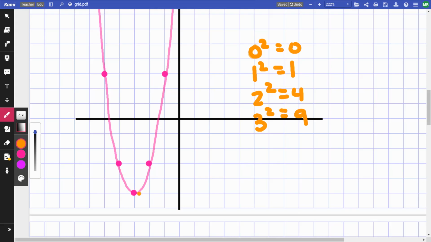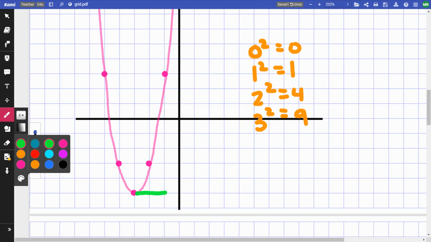When I go out 1 from here, I should have been up at 1. But the reason I did not was because I have a stretch of 2. So what happens is when I go out 1, 1 squared is 1, I'm going to double that. So I'm going to go up 2.